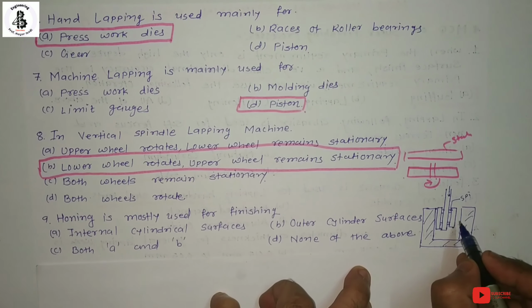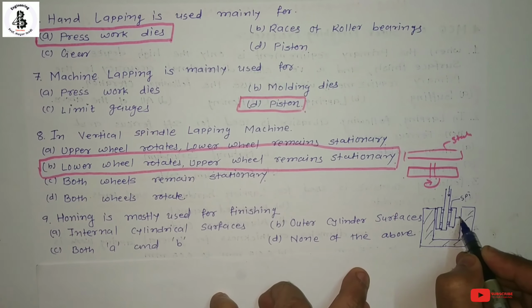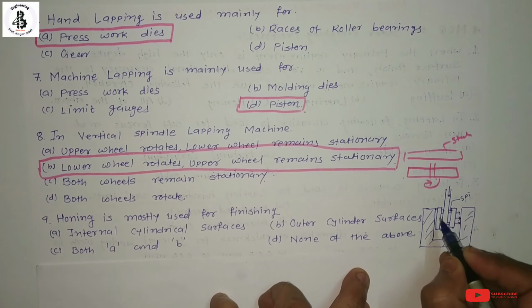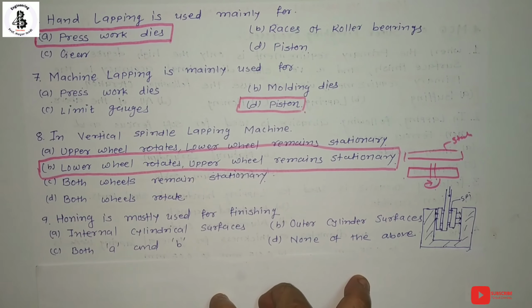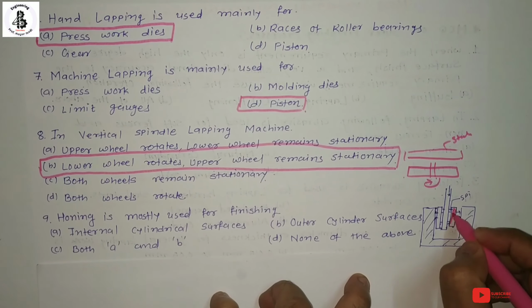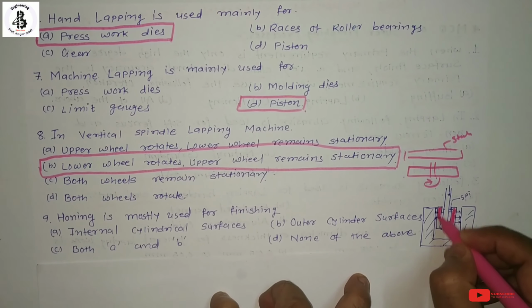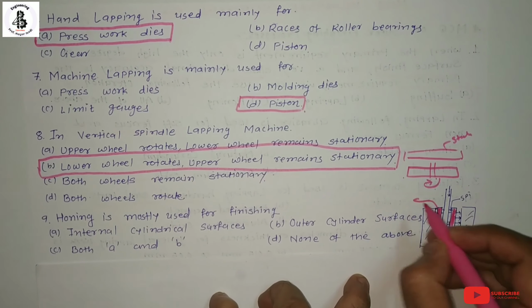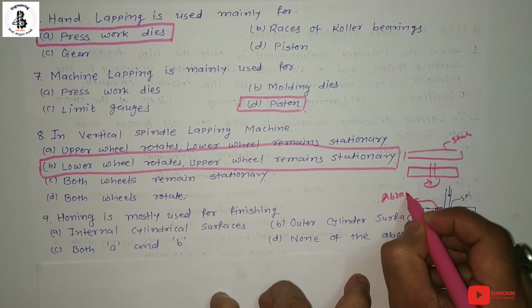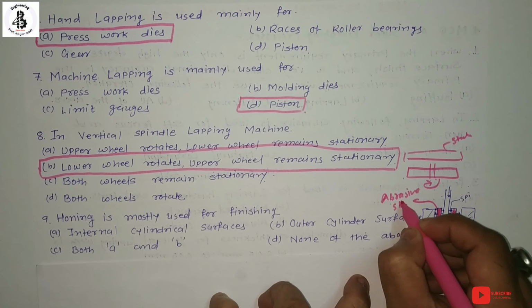The spring force generates pressure toward the internal surface. This pink color is the abrasive sticks, all around the periphery of the tool.